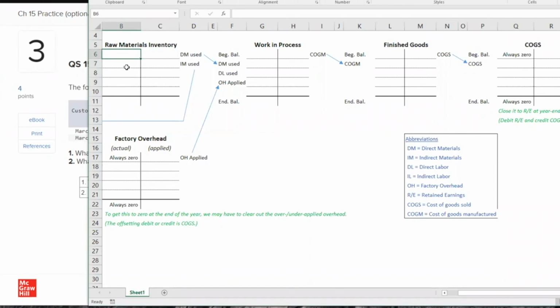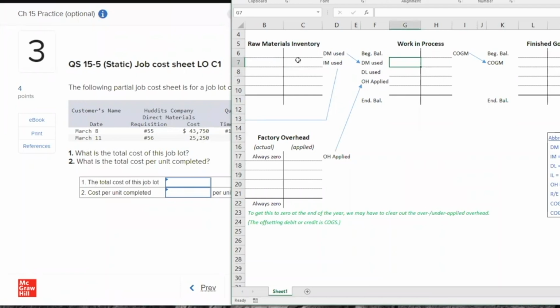When we buy raw materials, we just put them in here, right? But when we use them, put them into process, we take them out of here, credit raw materials, debit work in process. So that's where this money is going to go, out of here into here.